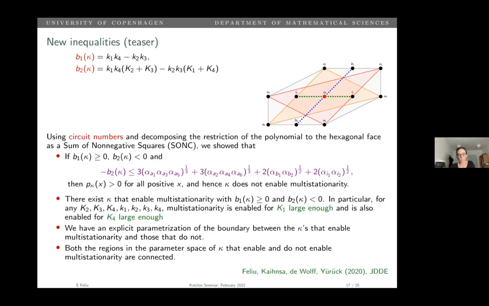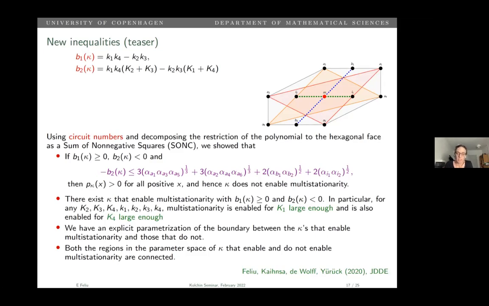So the P2 coefficient can give multistationarity and can give not multistationarity depending on the precise value in relation to the rest of the coefficients. Right? We could also show what is the boundary between the two regions explicitly, and that the regions in parameter space K, so these projections, were connected. So the projection of the multistationarity region onto K is connected.